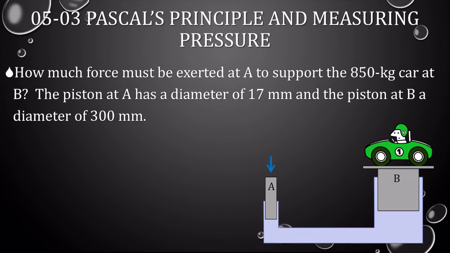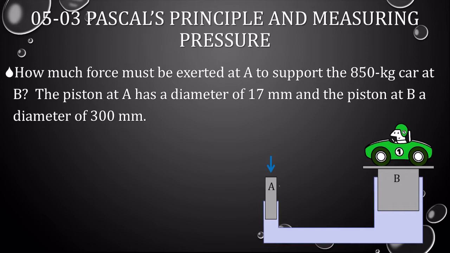All right, how much force must be exerted at piston A to support this 850 kilogram little car on piston B? Piston A has a diameter of 17 millimeters and piston B has a diameter of 30 millimeters. Well, we probably need these to be radii since we're doing area.